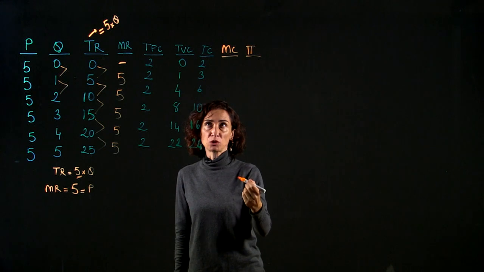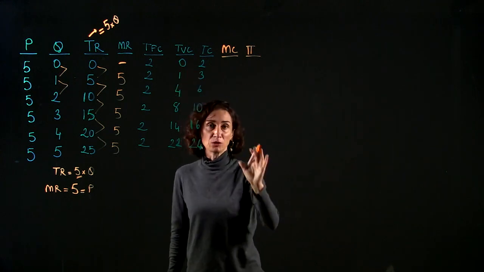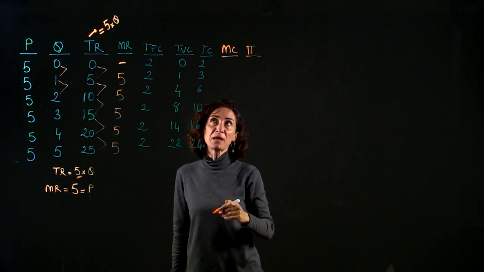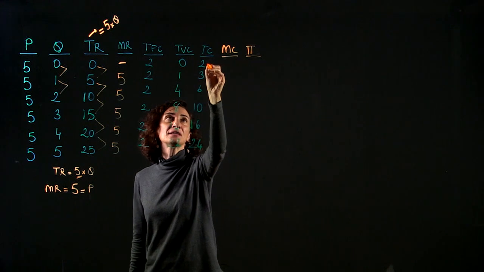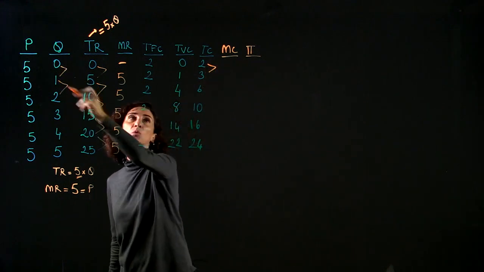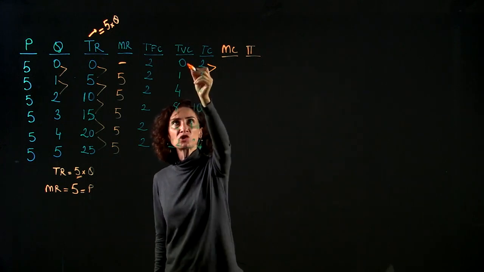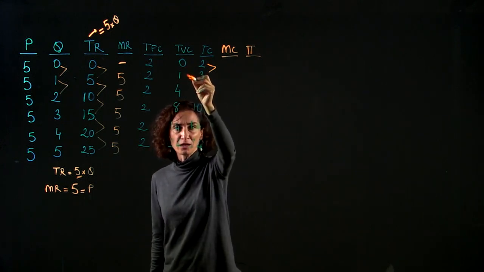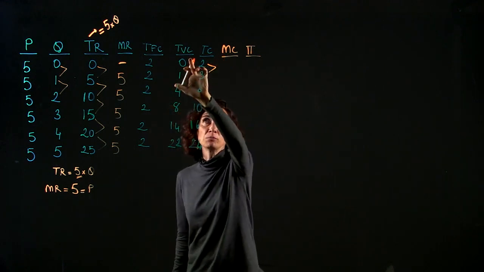The change in total cost, or change in total variable cost, with respect to a change in Q. So when I increase quantity from 0 to 1, what is the change in total cost? It is the same as the change in total variable cost, by the way, because the only change in total cost comes from this component.